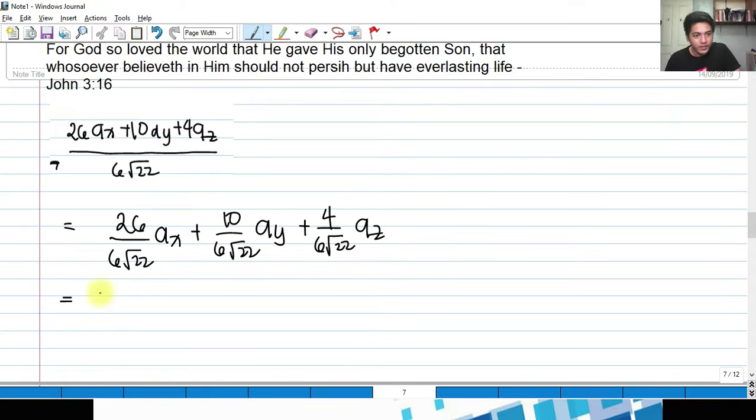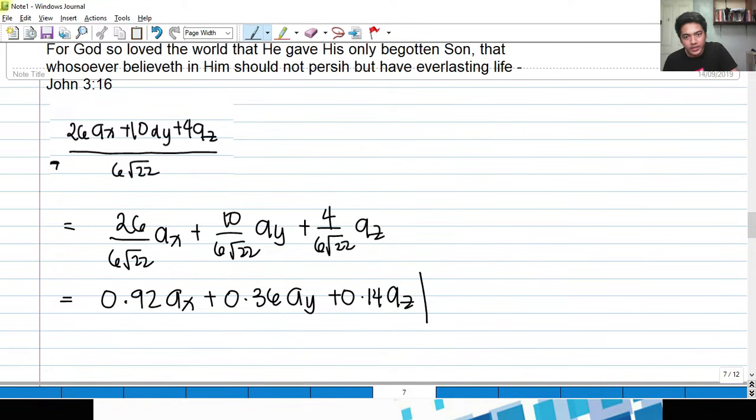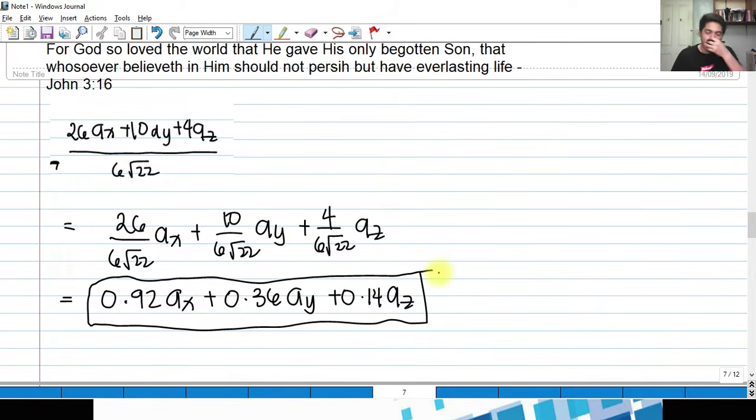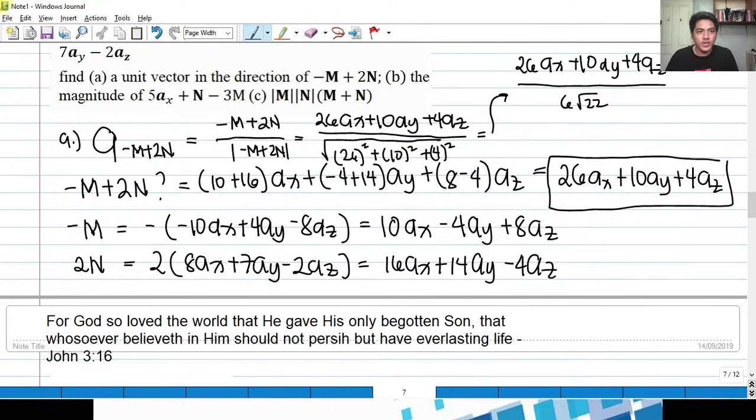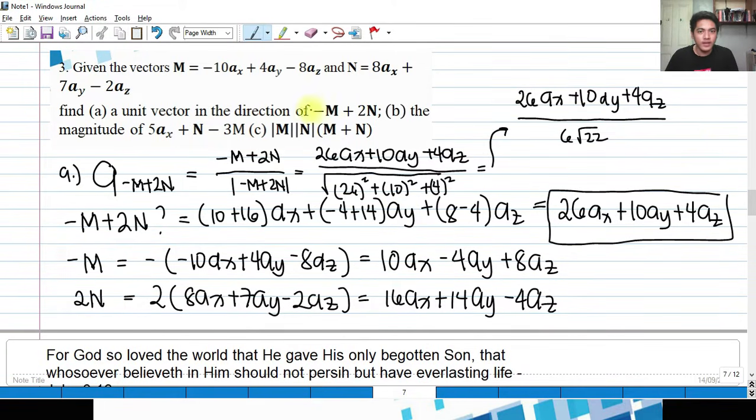So the result would be 0.92 a sub x plus 0.36 a sub y plus 0.14 a sub z, which is the desired unit vector of negative m plus 2n.